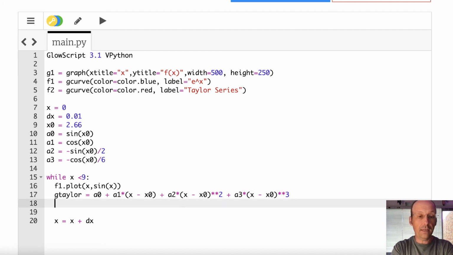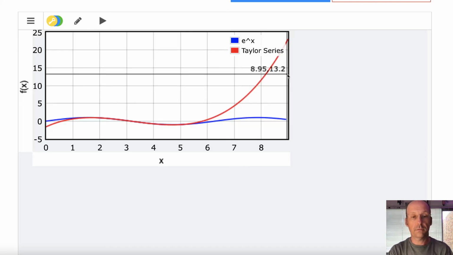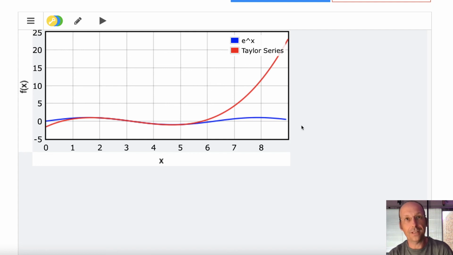And let's plot that. F2 dot plot X G Taylor. That looks pretty nice. I'm pretty happy.